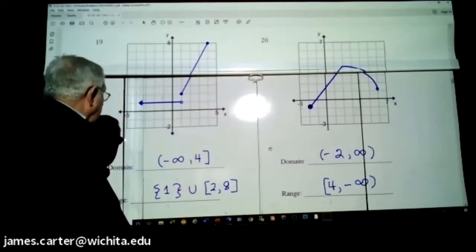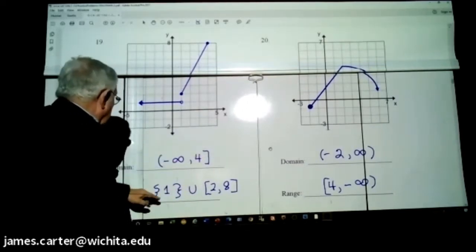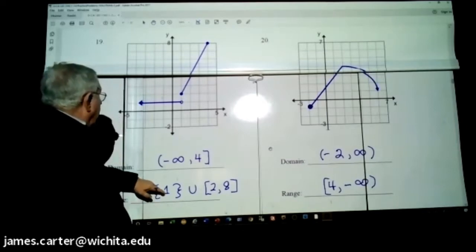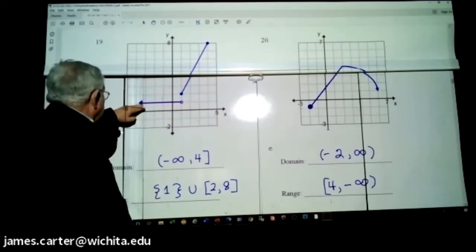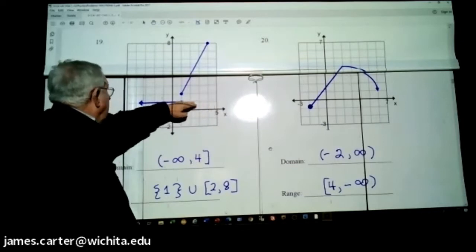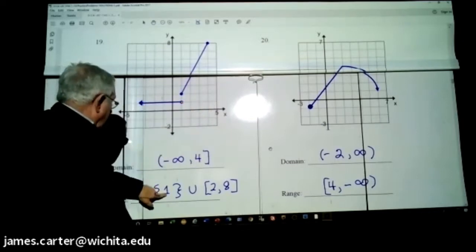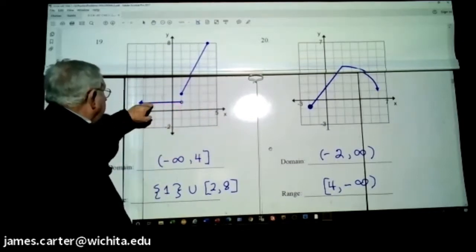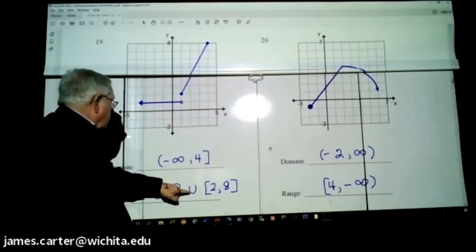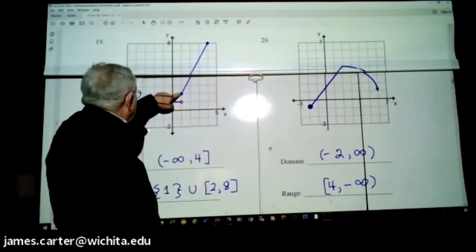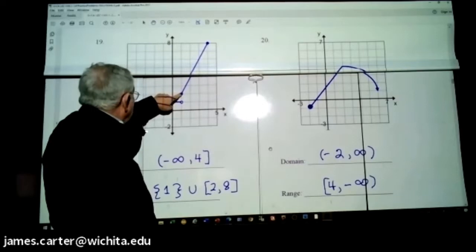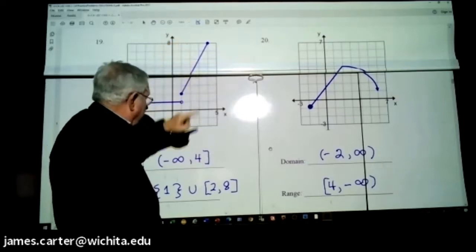Now, for the range, here we have the set of values where y is going to be 1 no matter what. And then we union that with from 2 up to infinity.